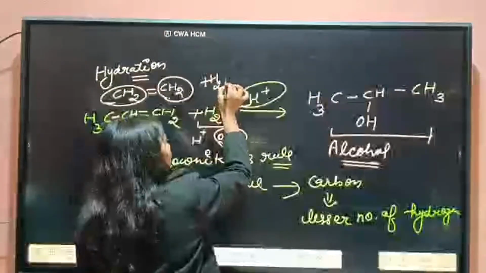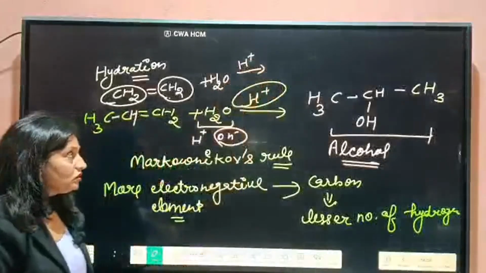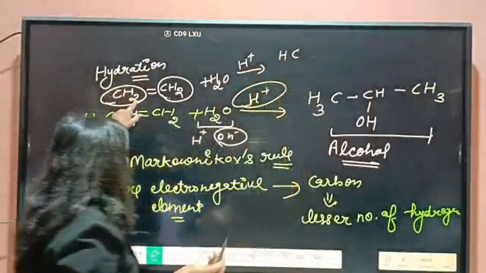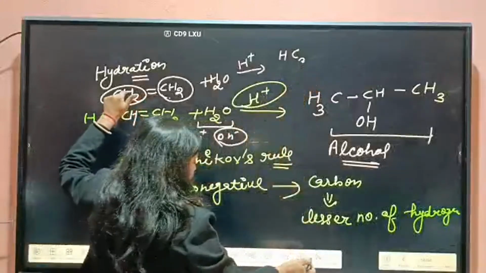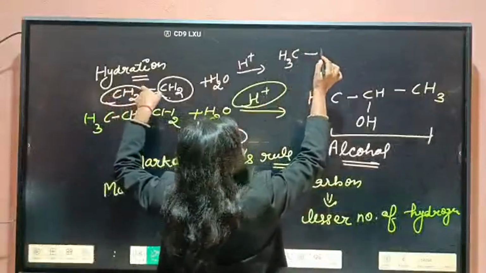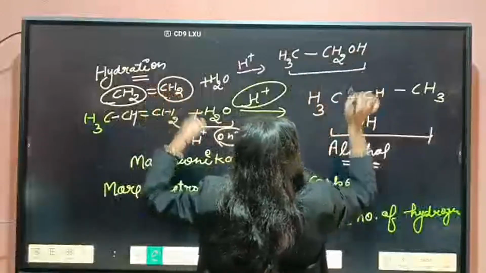You want to do hydration, which takes place in acidic medium. So simple, you can give hydrogen to one carbon. Already two are there, you can give one more, so CH3 forms. The bond will break, leaving single CH2, and you will give OH to the other. So simple.